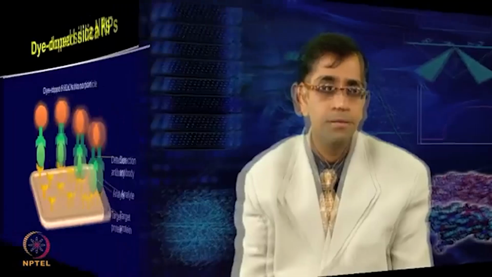Now, let us discuss dye doped silica nanoparticles. The silica based nanomaterial have a large quantity of fluorescent dye packed inside the silica matrix, which possesses the ability to selectively tag a wide variety of biologically important targets such as cancer cells, bacteria and many other biological samples.